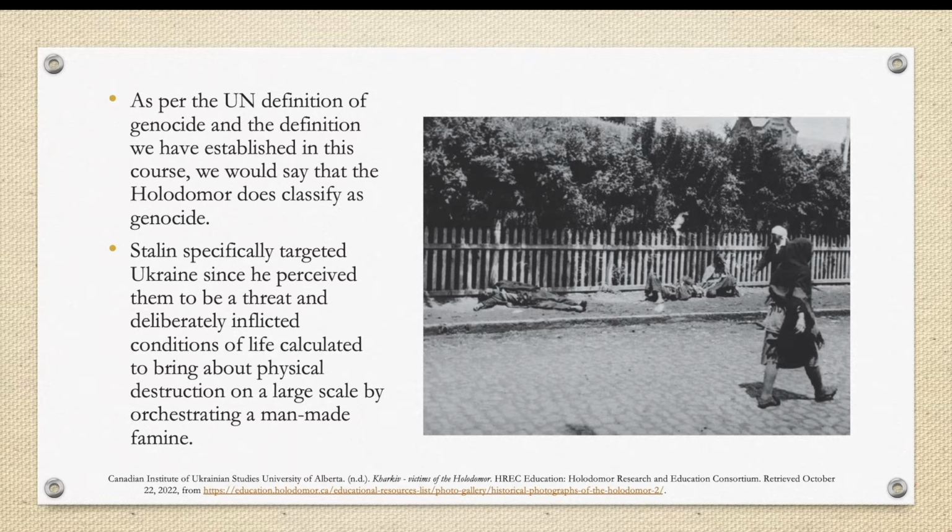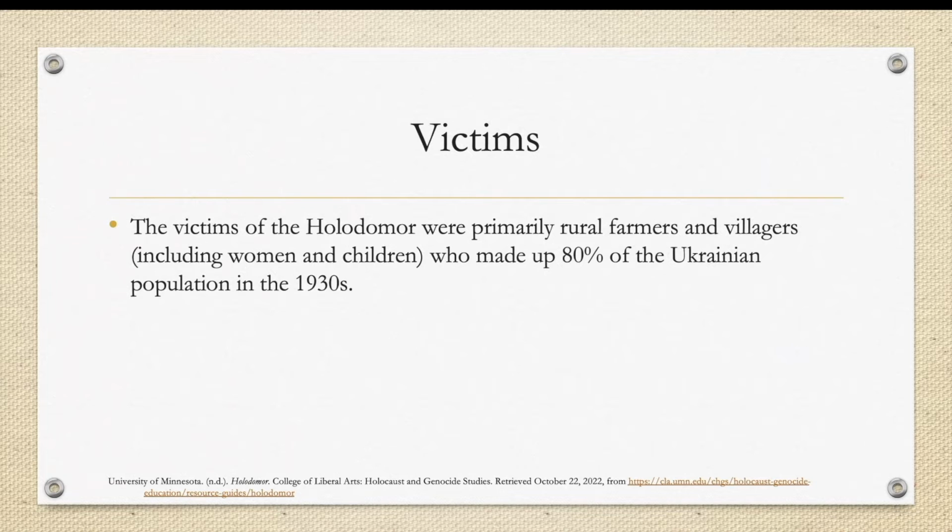And this is a picture of some of the victims of the Holodomor. So the victims of the Holodomor were primarily rural farmers and villagers, including women and children, who made up 80% of the Ukrainian population in the 1930s.